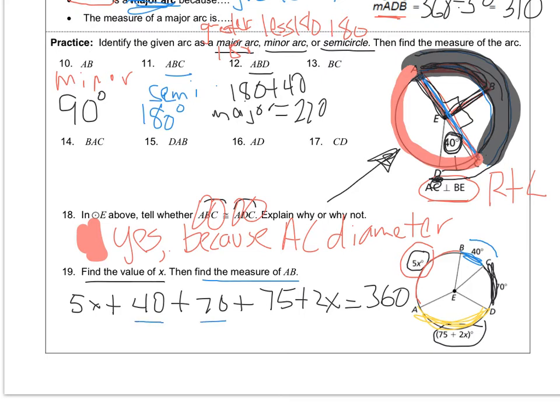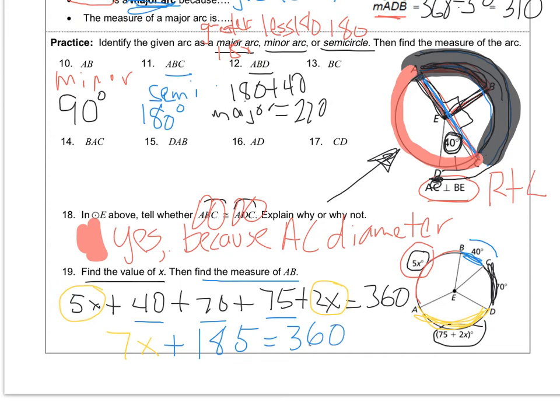That will add to that and to that, because those are just numbers, right? And 5x and 2x, those are like terms, so add them together. So how many x's do I have? That's right, I have 7x. And now I'm going to add my numbers to see 70 and 75 is 145. Okay, and then I'm going to add 40 to that. So 145 and 40 would be 185.